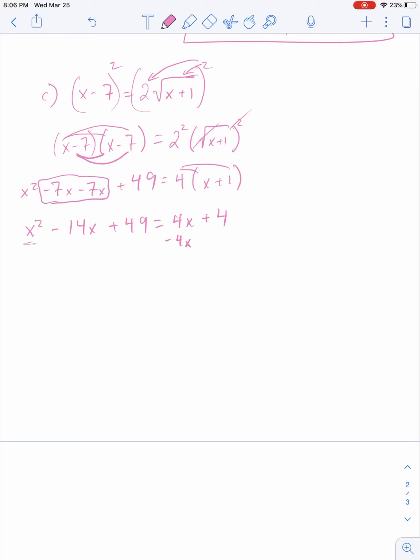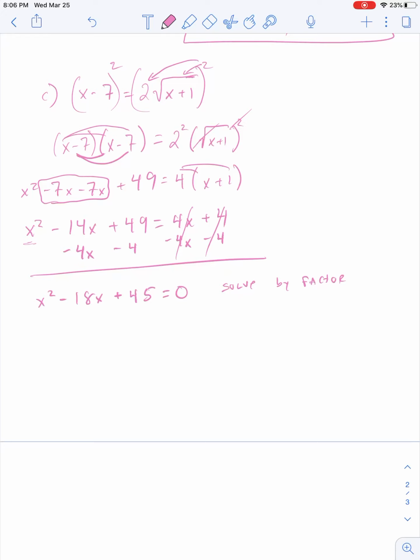So we subtract 4x, we subtract x, we subtract 4, we subtract 4. We'll cancel over here. We're left with x squared minus 18x plus 45 equals 0. And now we can solve by factoring. Should be a nice problem.